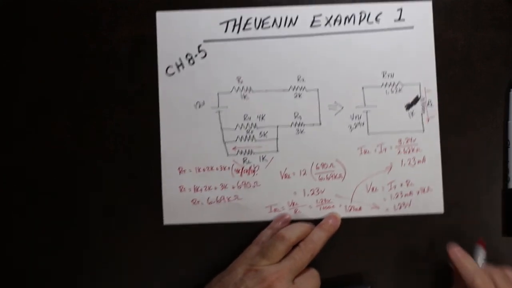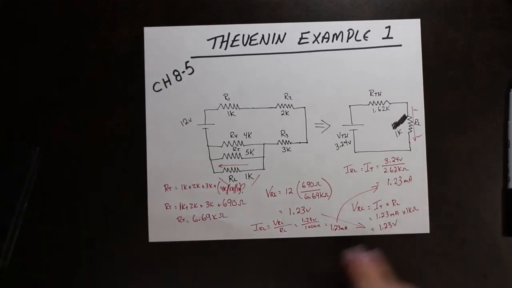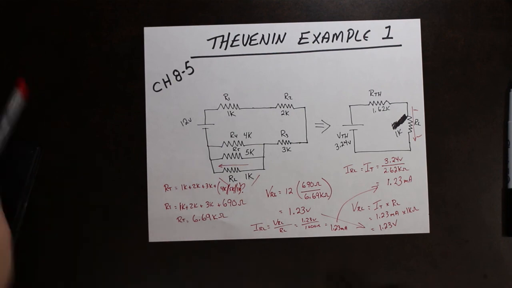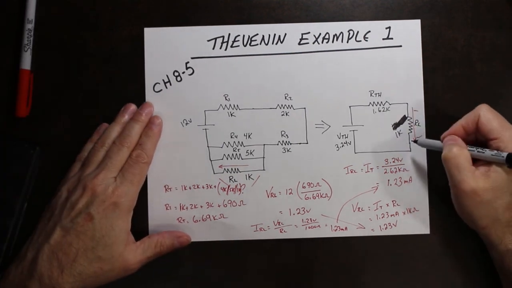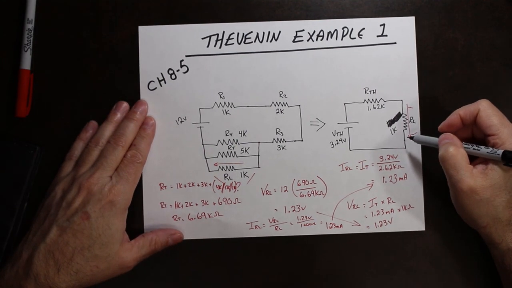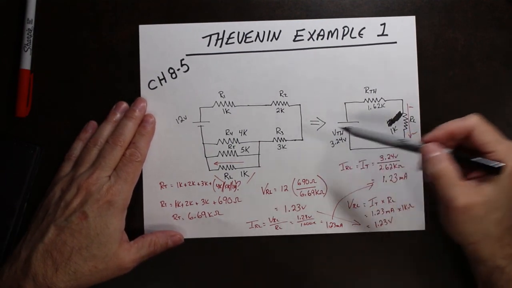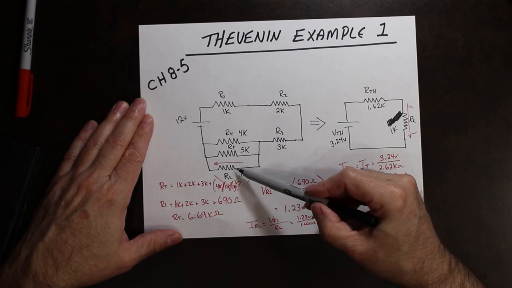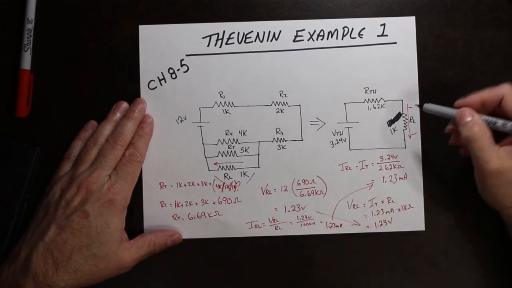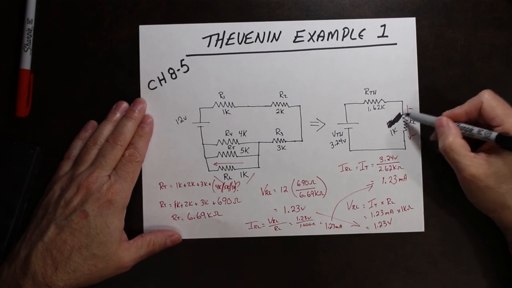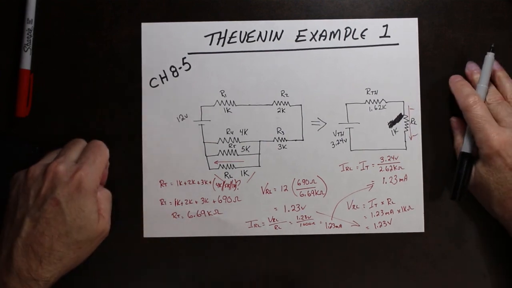Looky there. So those values jive. They work. We've proven that the current and the voltage in this circuit with respect to that load is the same as the current and voltage in this circuit with respect to that load.